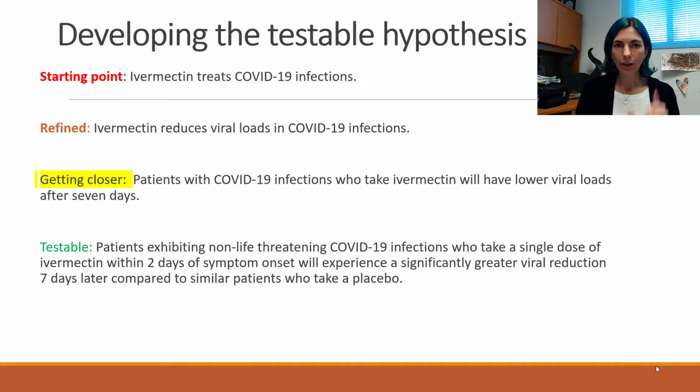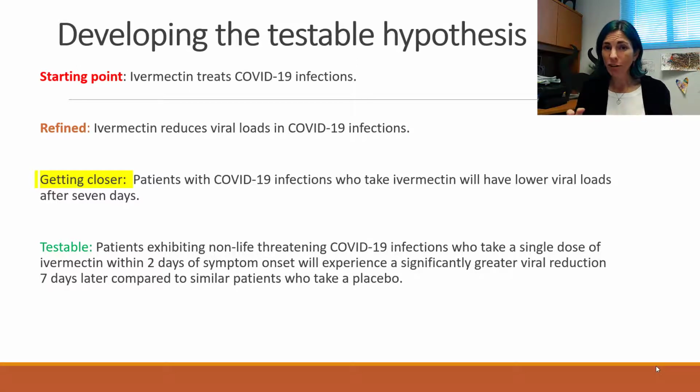So that right there tells me that I'm already qualifying my COVID-19 infections to be mild, so they can't be life-threatening. I'm saying that they are going to be taking a single dose of ivermectin, and that dose needs to already be approved for human use within 2 days of symptom onset. And by that, I mean that the symptoms have just started.